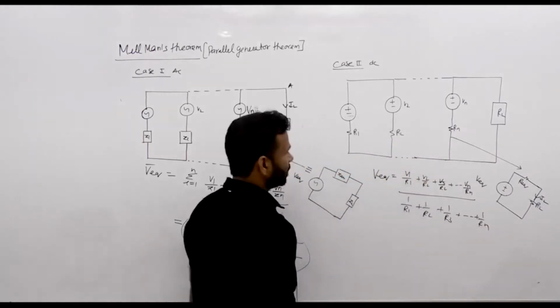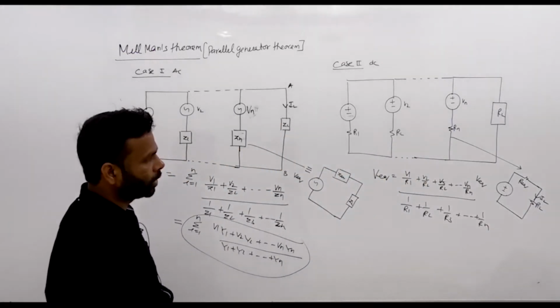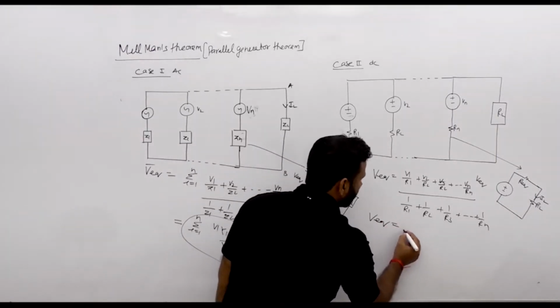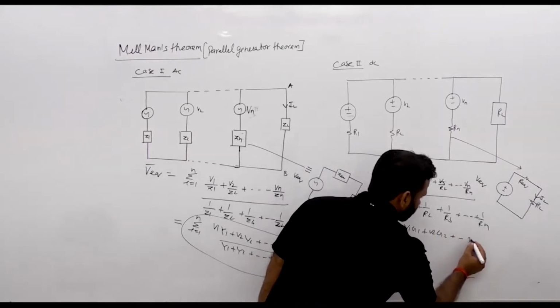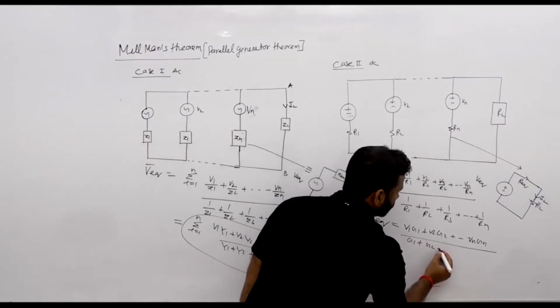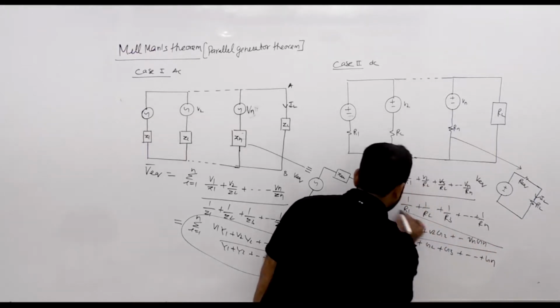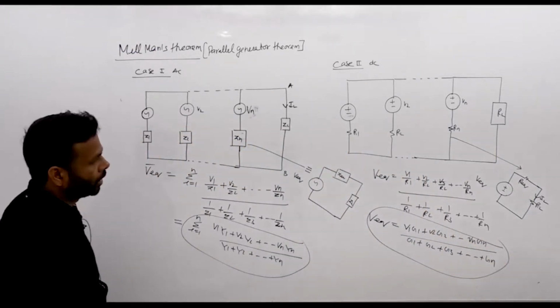Now if you simplify this, 1 upon Z is called Y, but 1 upon R is called G. So V equivalent equals to V1 G1 plus V2 G2 plus dash Vn Gn divided by G1 plus G2 plus G3 plus dash Gn. So these are the formulas related to V equivalent.